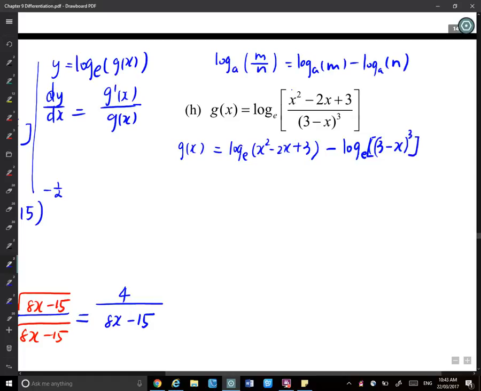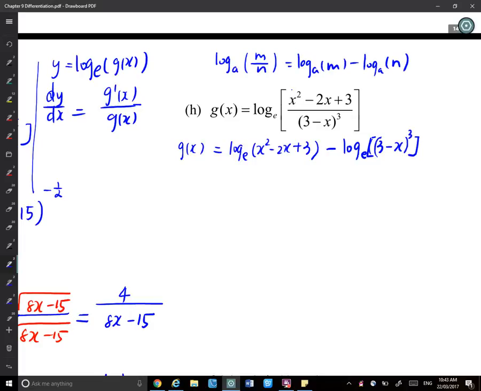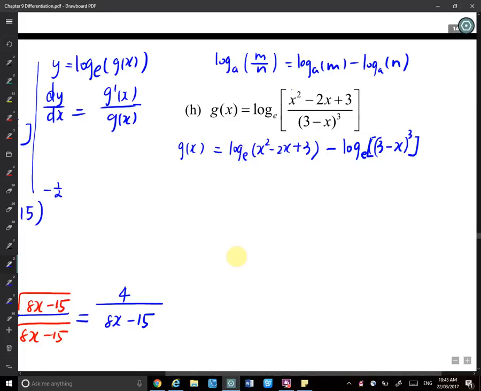Okay, you may think that's simple enough, but for me it's not that good yet because I can further do a step to make it even simpler. So I still maintain the first one, but the second one, the power, I can drag the power to the front. That becomes 3 log e 3 minus x.